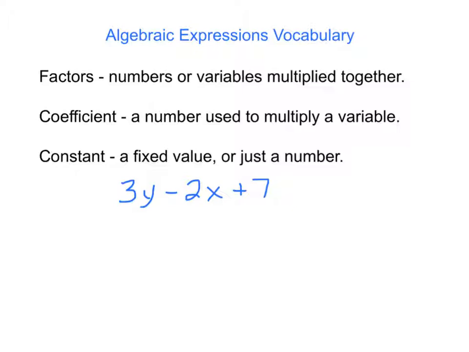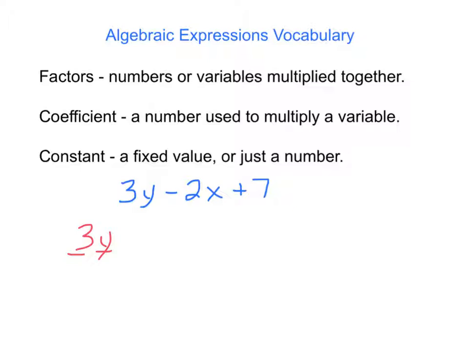First of all, factors. You'll notice that in this algebraic expression, 3y minus 2x plus 7, I have 3 different terms. One of those terms is 3y. In the term 3y, I have 2 different factors as well. 3 and y can be called factors because we are multiplying them together.